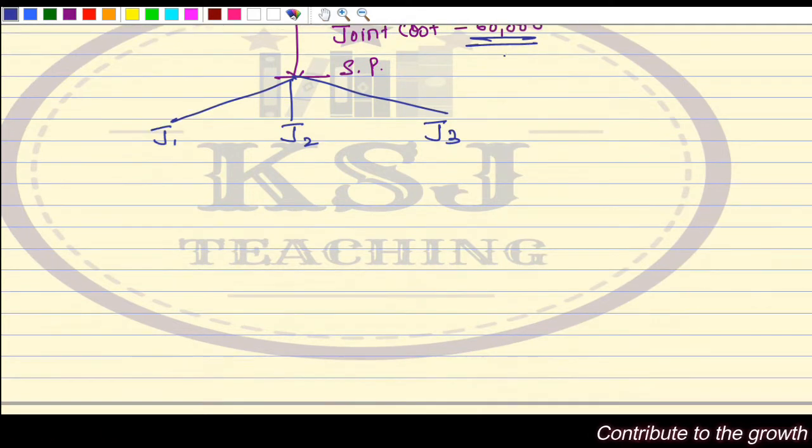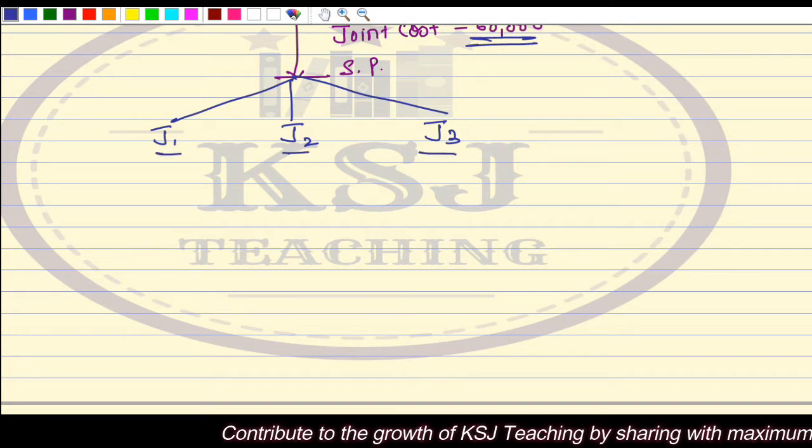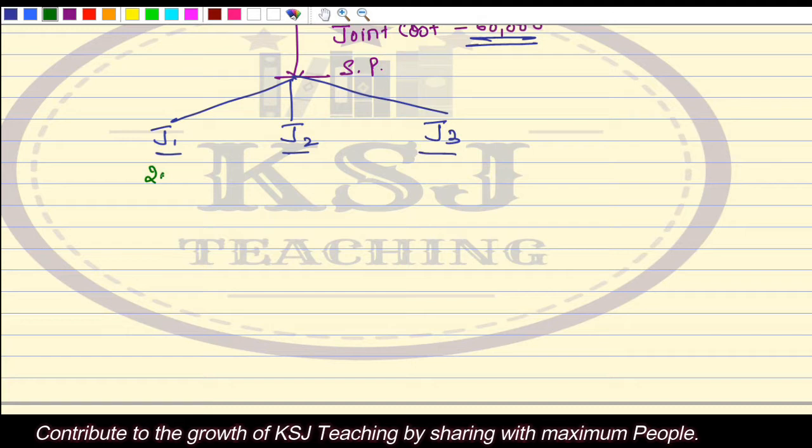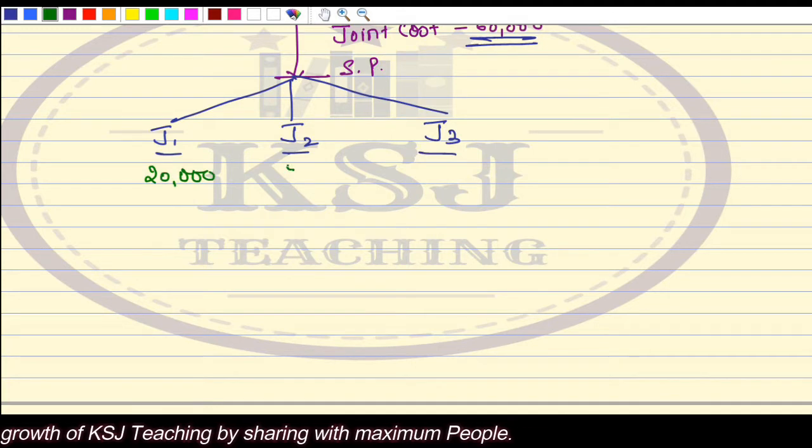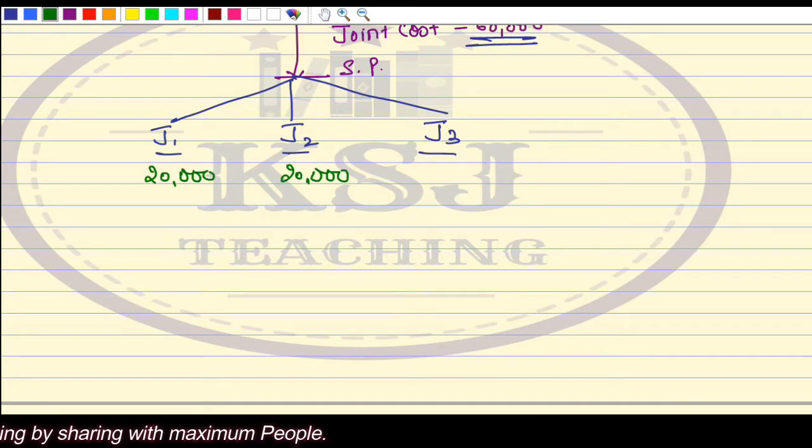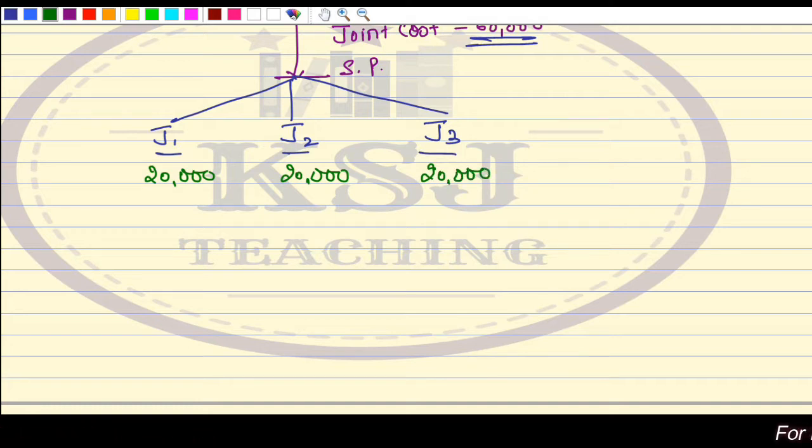Let's say you distributed this cost as 20,000, 20,000 and 20,000. So this is my distributed joint cost.